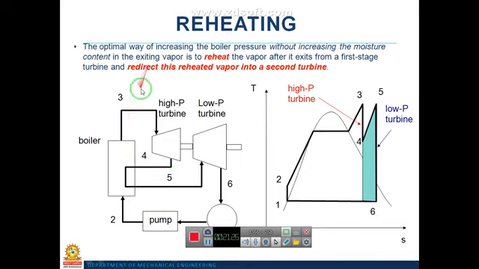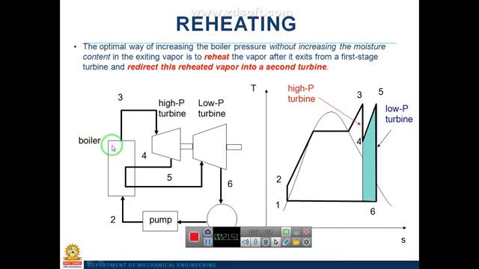Here process 1 to 2 is the pump. The pump pumps the water coming from the condenser from 1 to 2. Next, 2 to 3 is the boiler.